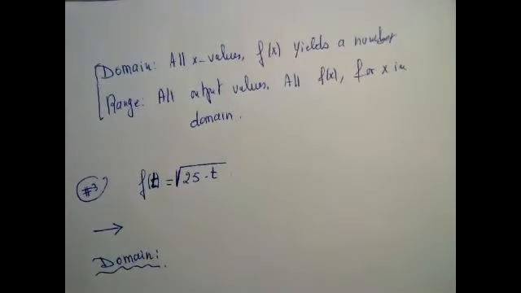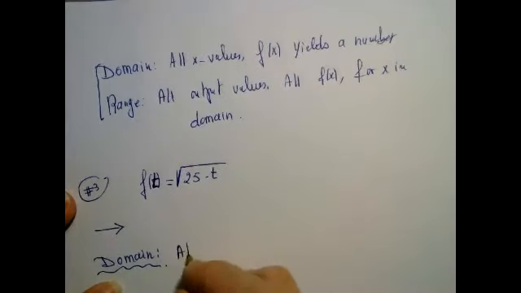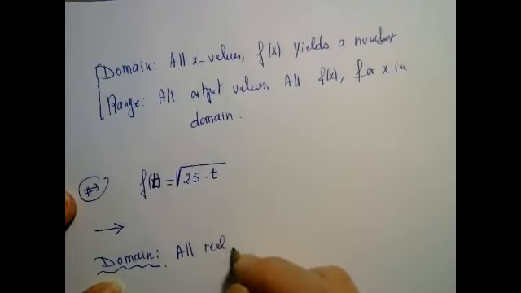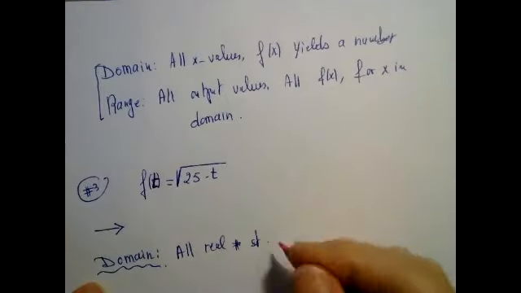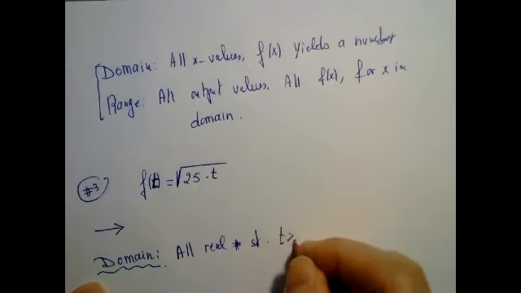Okay, who's ready? I mean, you should have done those. Put your answer in the chat or speak up. I put all real numbers such that t is bigger or equal to 25.